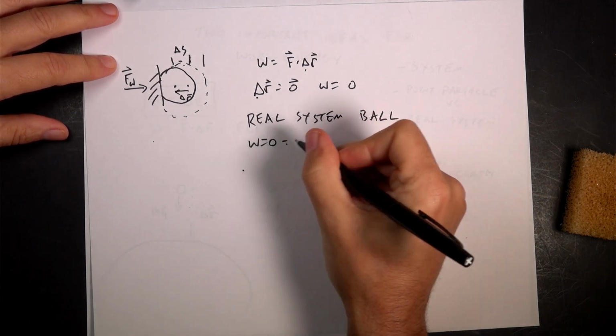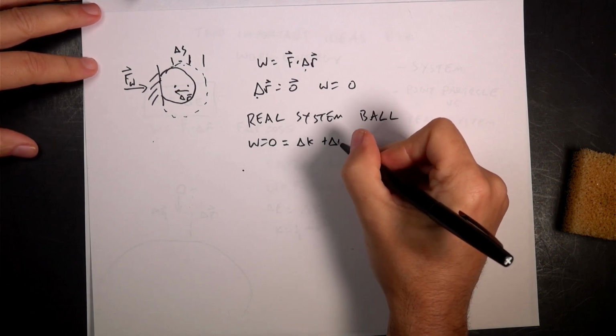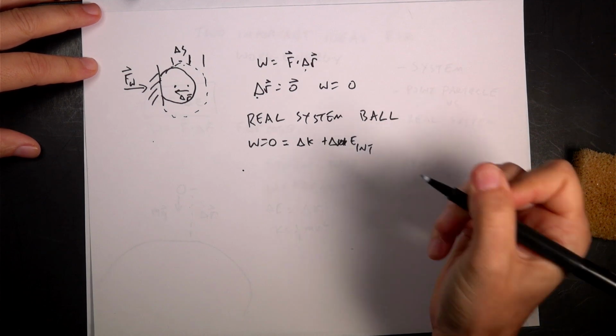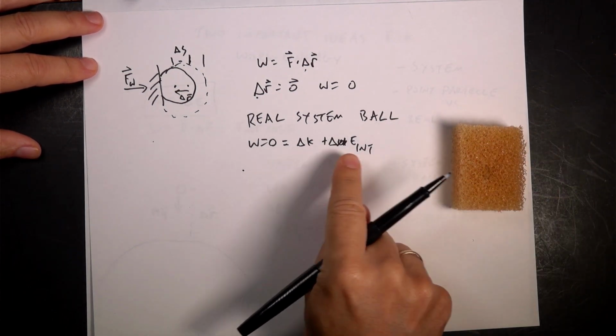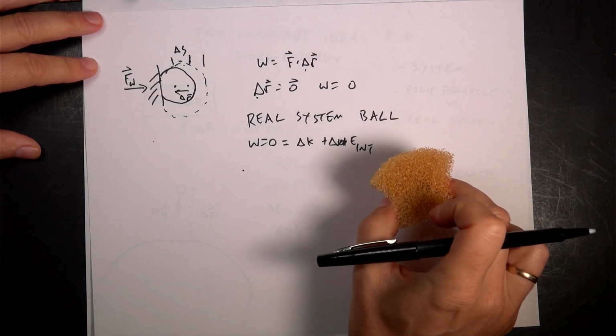And that's going to be equal to delta K plus delta U, let's call it delta E internal, some internal energy. So the kinetic energy decreases, the internal energy increases. And that's one way we can explain why it stops.